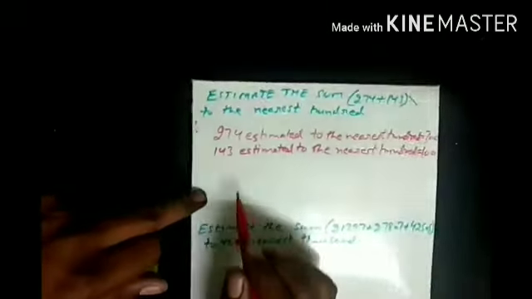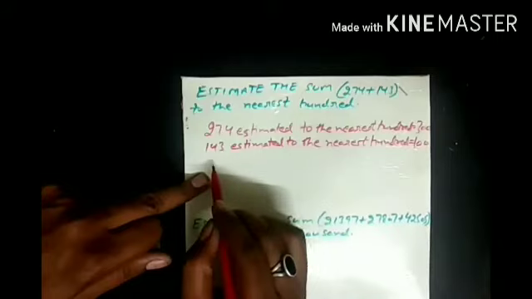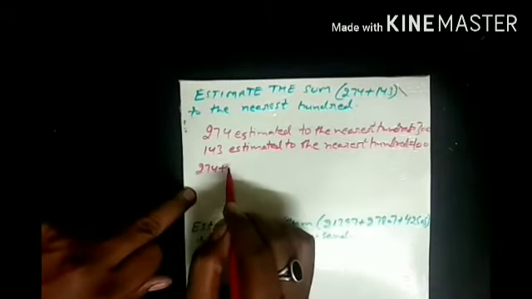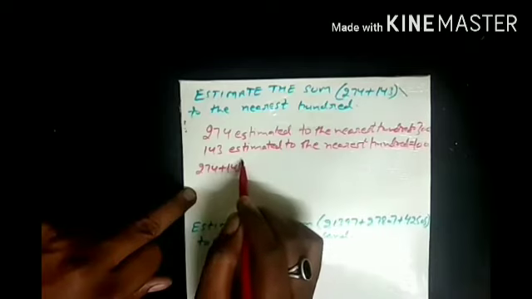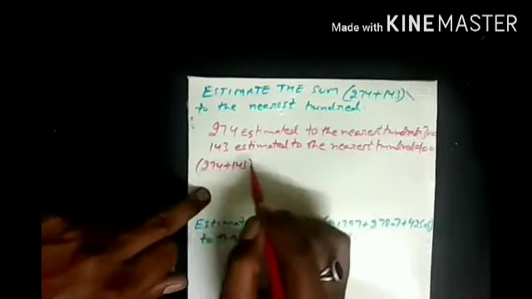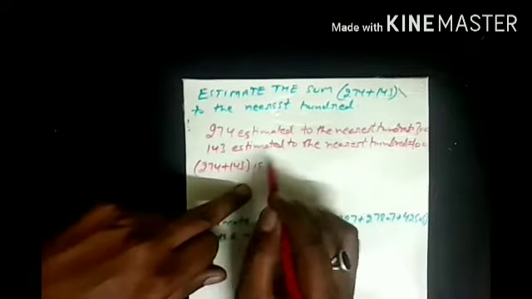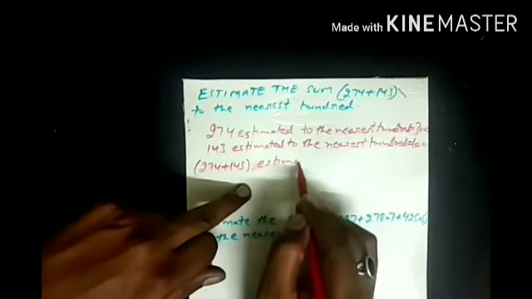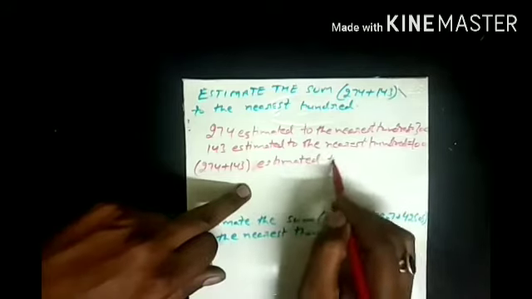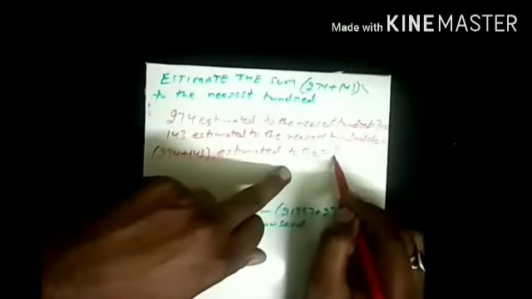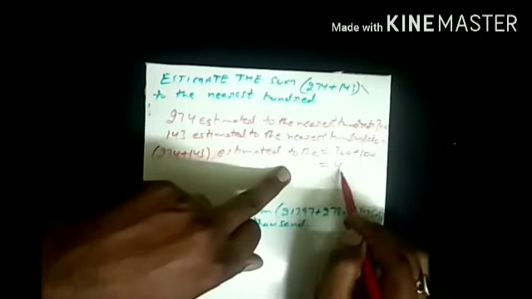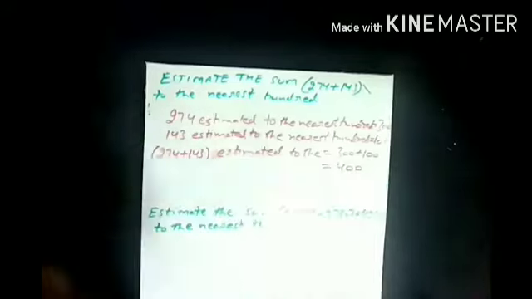So our estimated sum 274 plus 143 is estimated to 300 plus 100, that is 400, the answer.